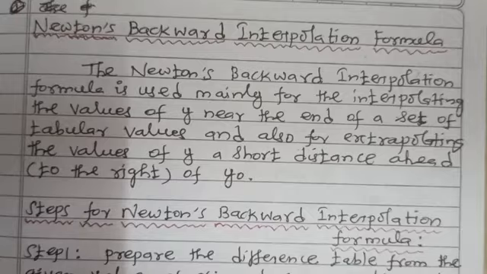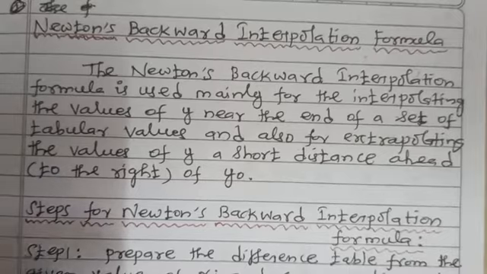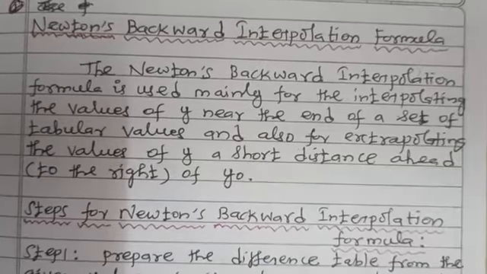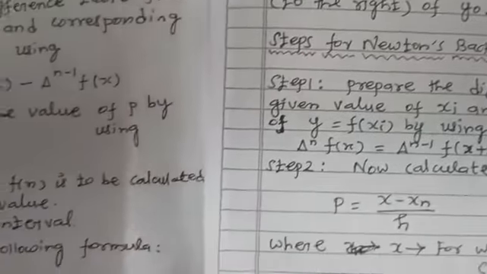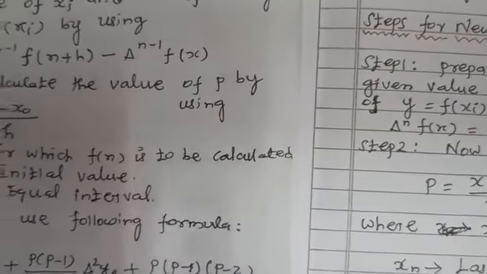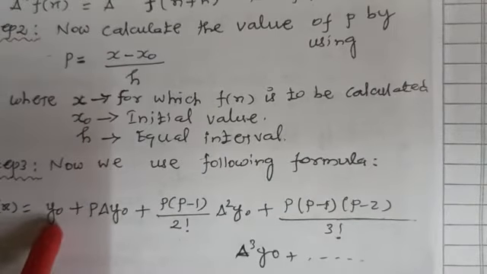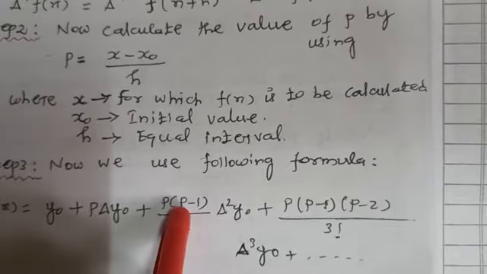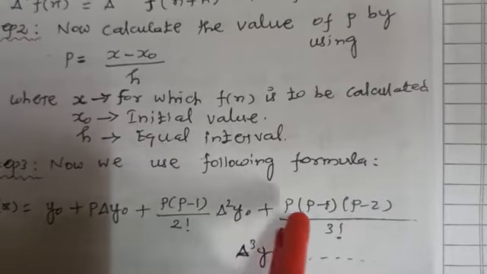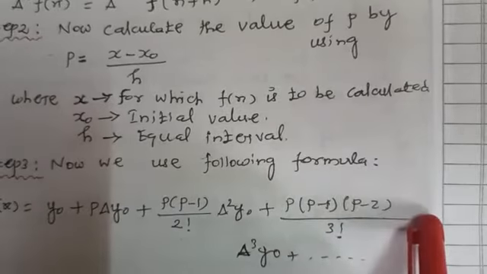Okay. In Newton's forward and Newton's backward, we have to use P equal to X minus X naught divided by H. X naught means initial value for Newton's forward, and Xn means the last value for Newton's backward formula. In Newton's forward method, the formula starts with Y naught, and P into P minus 1, P minus 2, P minus 3, like that it will be increasing.